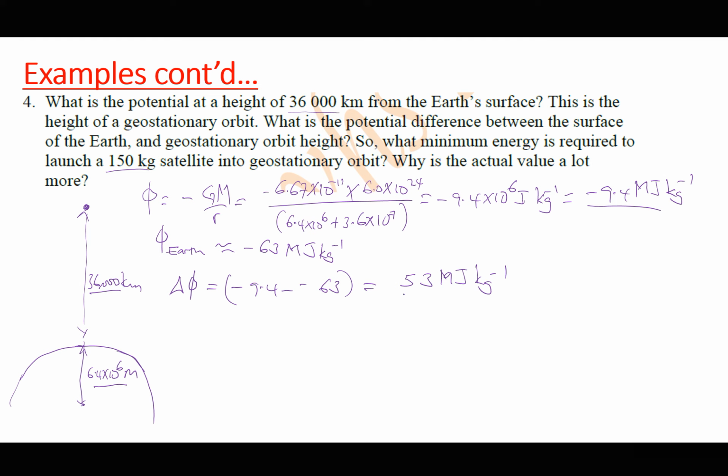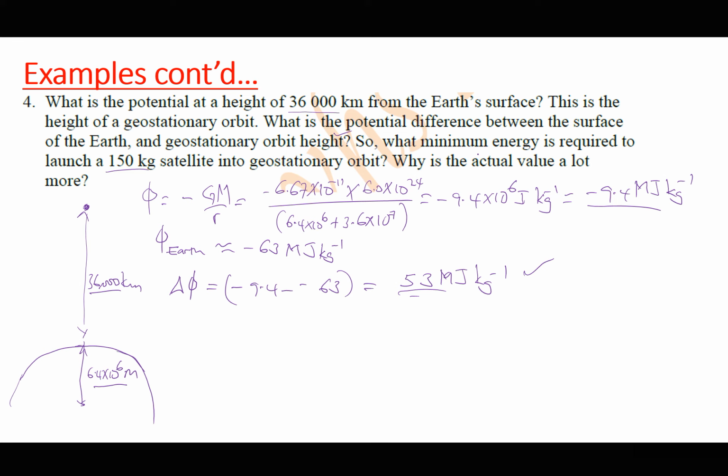So it means you must add 53 megajoules per kilogram onto negative 63 megajoules to reach a height of 36,000 kilometers. So what is the potential difference between the surface of the Earth and the geostationary orbit? That one we have finished.